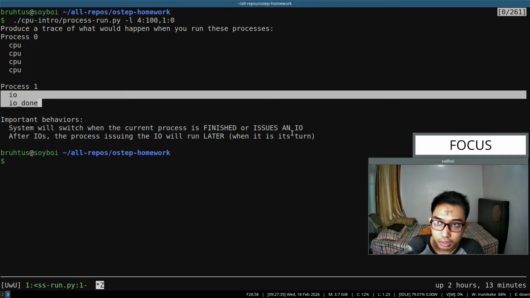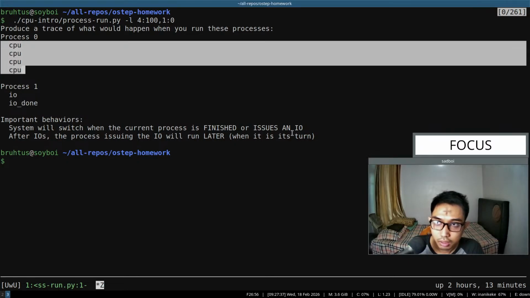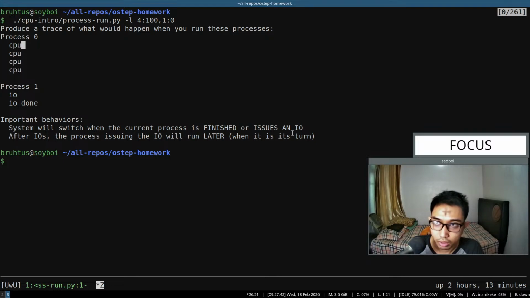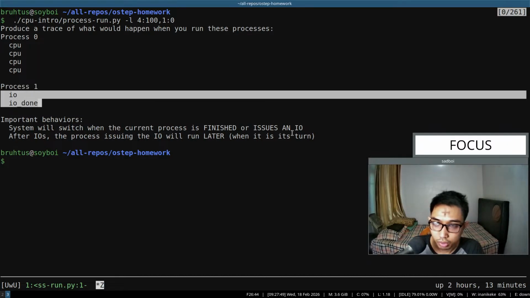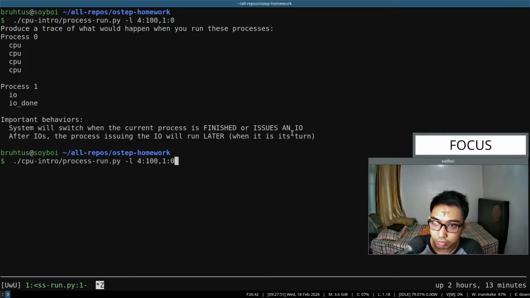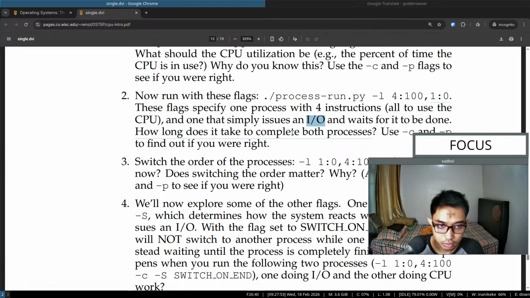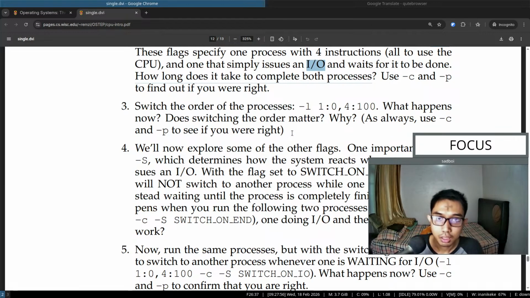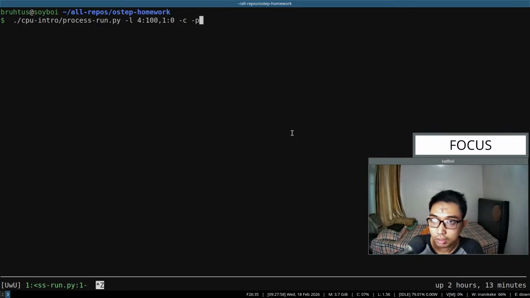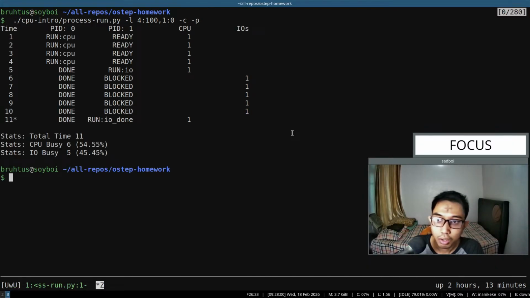So maybe 6 for time in the first process or process 0, and then the 2 times in the process 1. Maybe. Let's find out. Oh, okay. Total time 11.